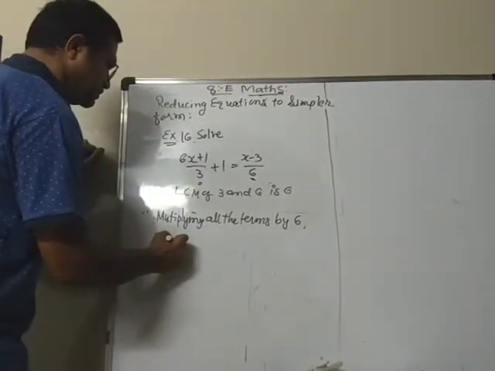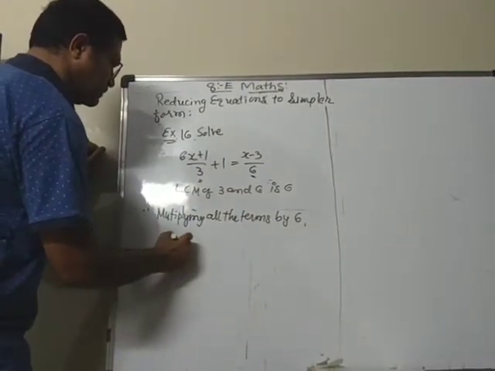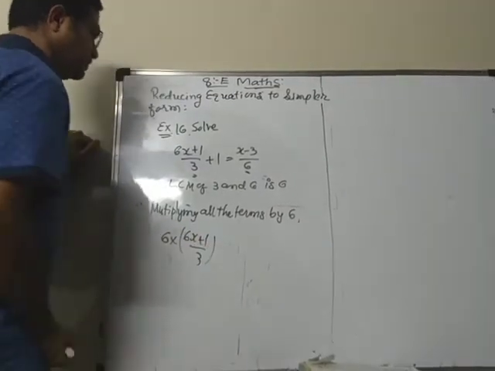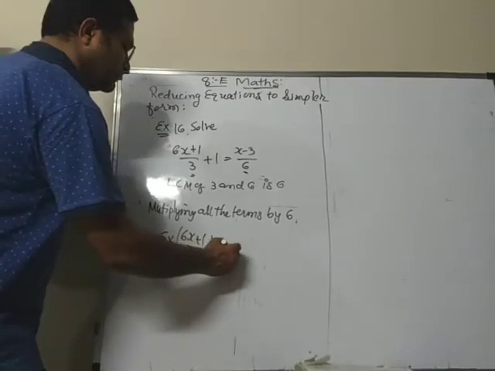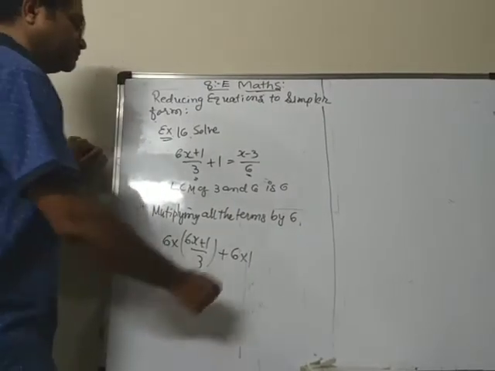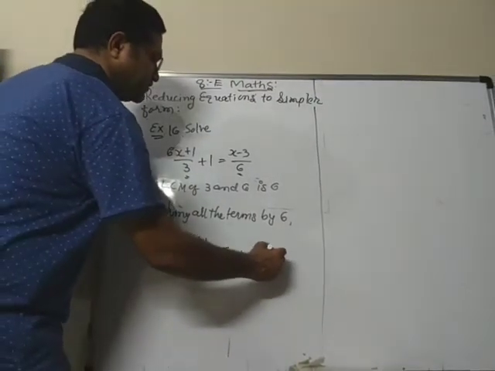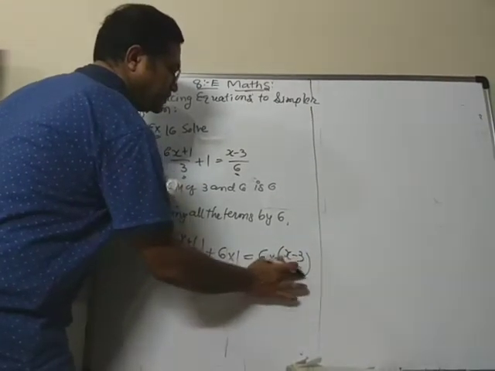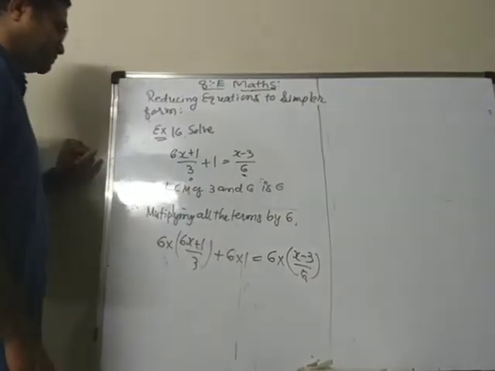So we will get 6 multiplied by 6x plus 1 by 3, plus 6 multiplied by 1, equal to 6 multiplied by x minus 3 upon 6.